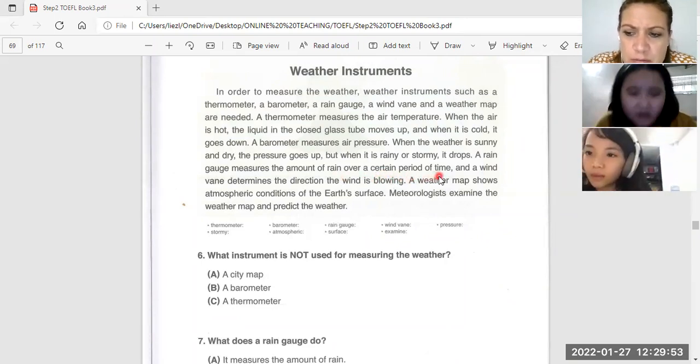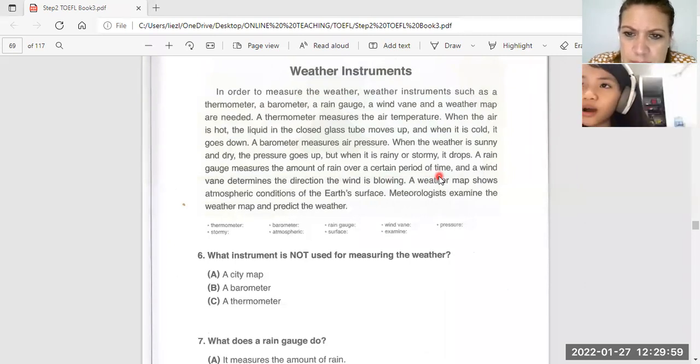A certain period of time, and a vane determines the direction the wind is blowing.